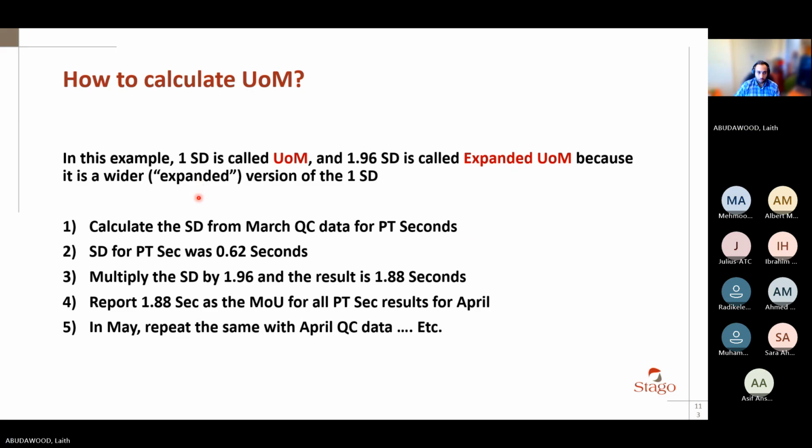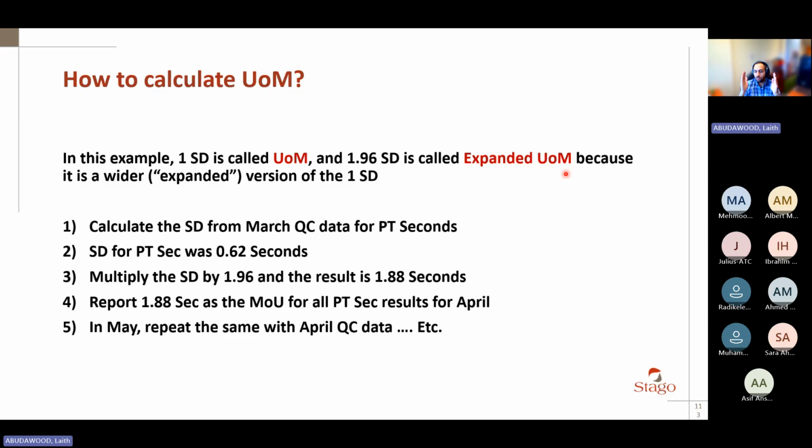Now, what I was telling you is you take, for example, the normal QC and you calculate the standard deviation over 1 month. This one standard deviation is called uncertainty of measurement. The 1.96 SD is called expanded uncertainty of measurement. Why expanded? Sounds fancy. It's not fancy at all. Uncertainty of measurement is this much. Expanded uncertainty of measurement is this much. That's why you call it expanded.